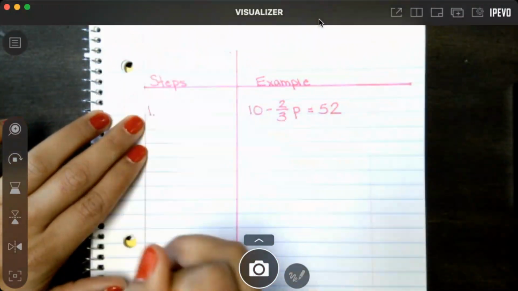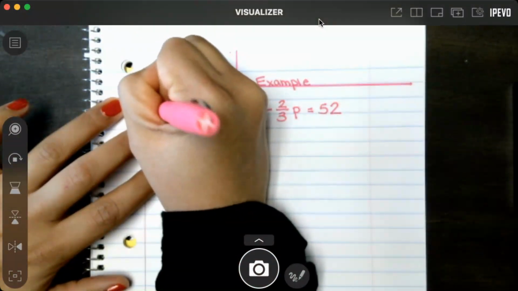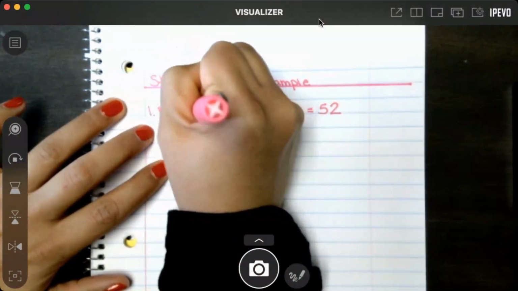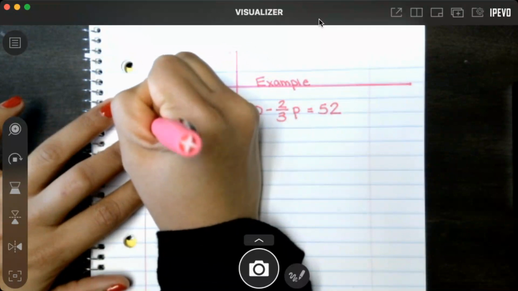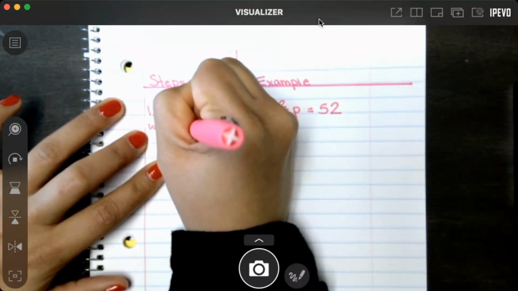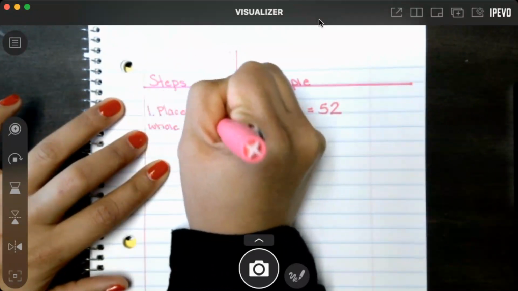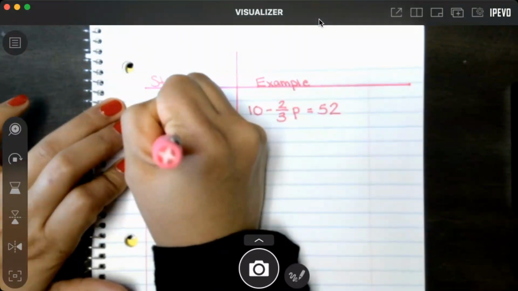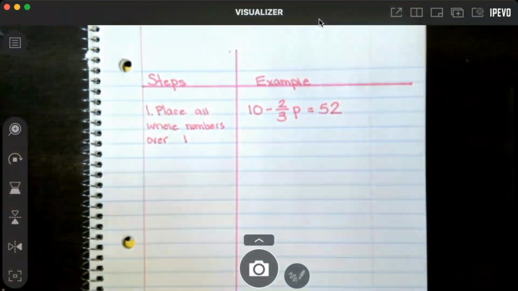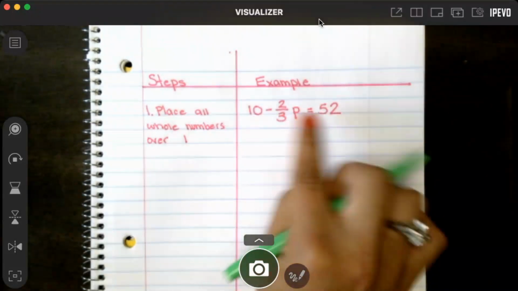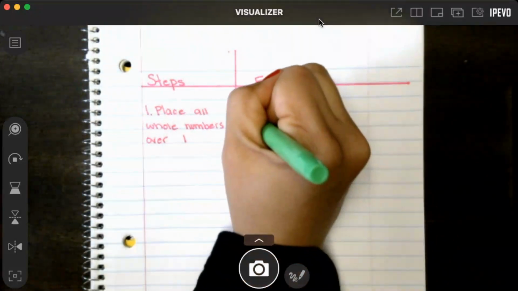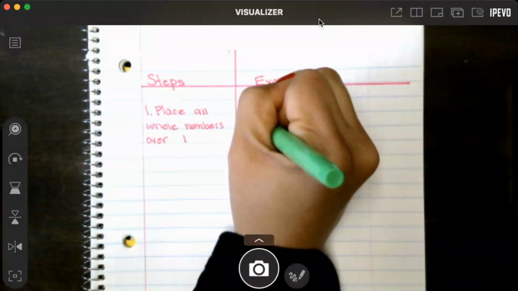The first thing that you're going to do is place all whole numbers over 1. Any whole number, in this case 10 and 52, can also be written over 1.